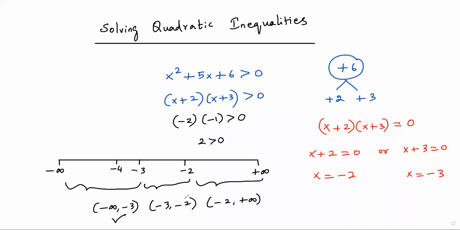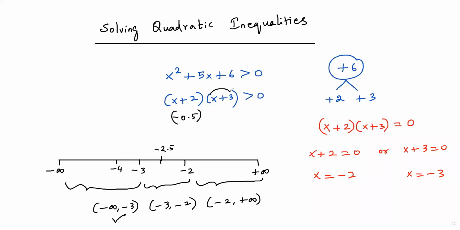Now, we have to test the second interval, which is (-3, -2). You can take a random value in the second interval as we have done in the first one. You can consider any value between -3 and -2. So, we can consider -2.5. When I plug in x = -2.5 into the first factor, it will be -0.5.